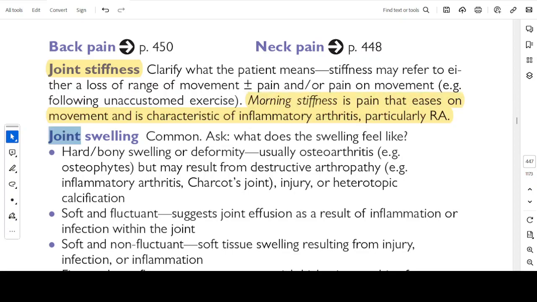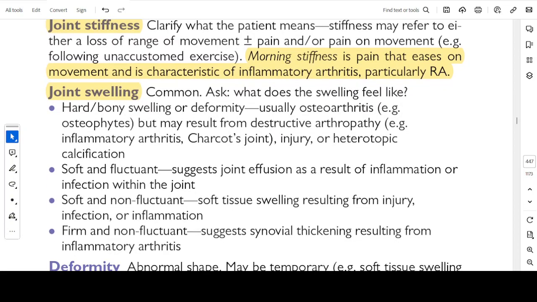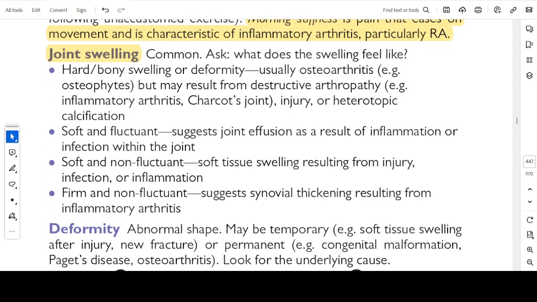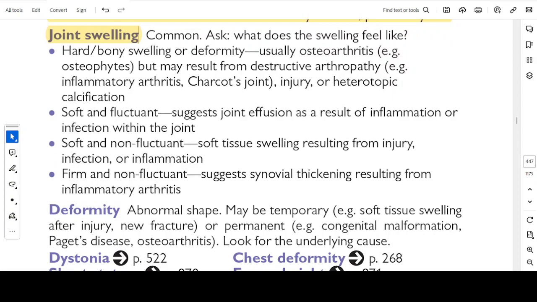Joint swelling is common. Ask, what does the swelling feel like? Is it a hard or bony swelling or deformity, usually osteoarthritis, for example osteophytes, but it may also result from destructive arthropathy, for example inflammatory arthritis, Charcot's joint, injury or heterotopic calcification.